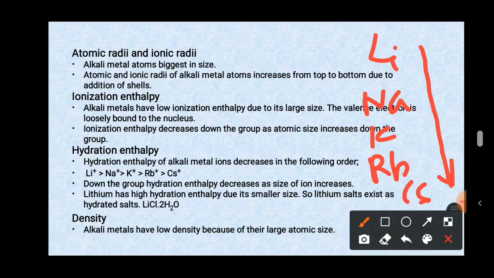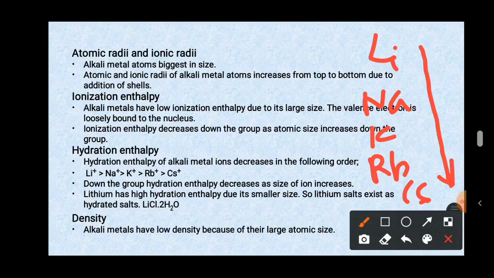Atomic number of lithium is 3, sodium is 11, potassium is 19, like that it goes. So as atomic number increases, shell number also increases. Addition of shells takes place. So atomic radius as well as ionic radii also increase from top to bottom. Next is the next property.